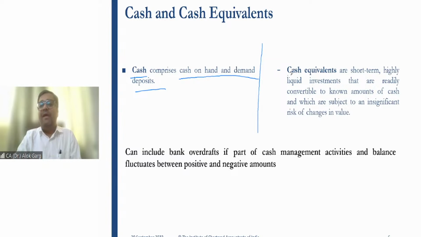Coming to the cash equivalent, it is not cash, but it is equivalent to cash. Cash equivalents are short term. Please write down what is meant by short term. Short term means up to 3 months, right? Up to 3 months. Cash equivalents are short term, highly liquid investments.